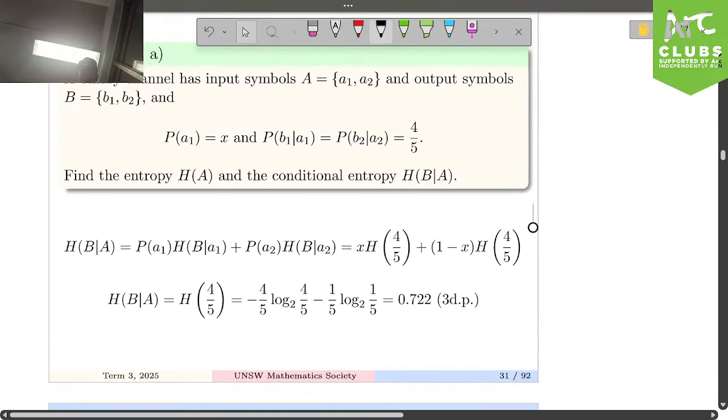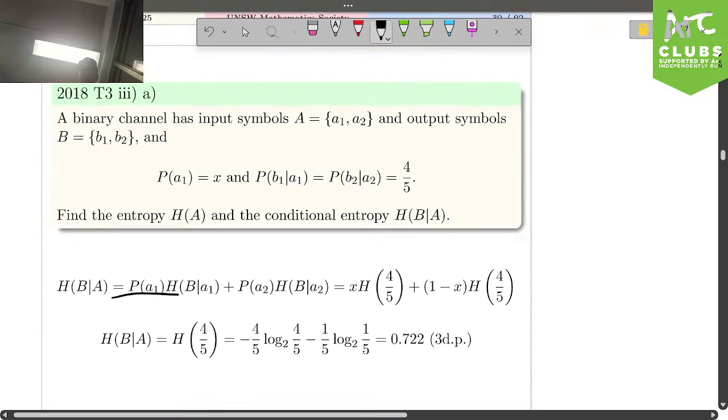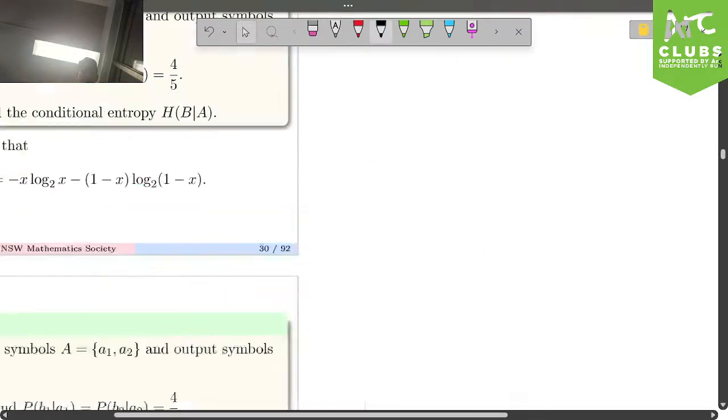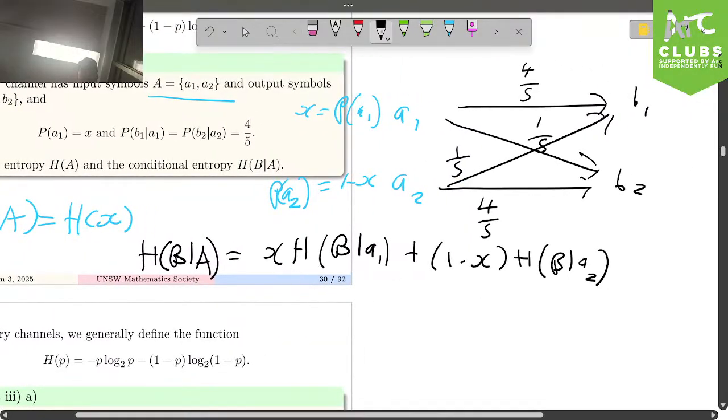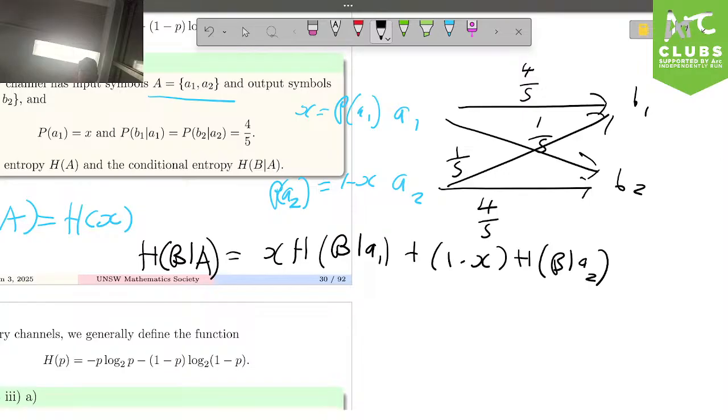Good. So H of B given A would be, as I said, the probability of getting A1, which is X, times H of 4/5. Yeah, so I left out that detail. The entropy of B given A1 would be H of 4/5 because one probability is 1/5, the other one is 4/5.